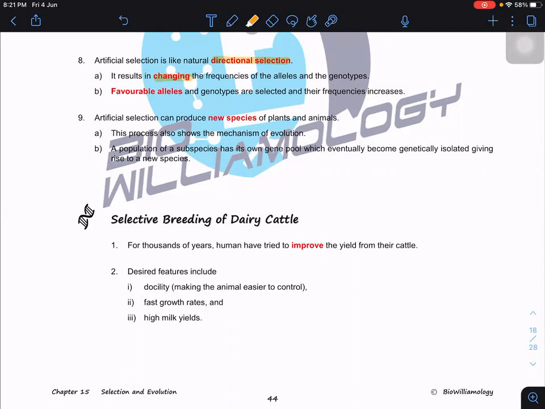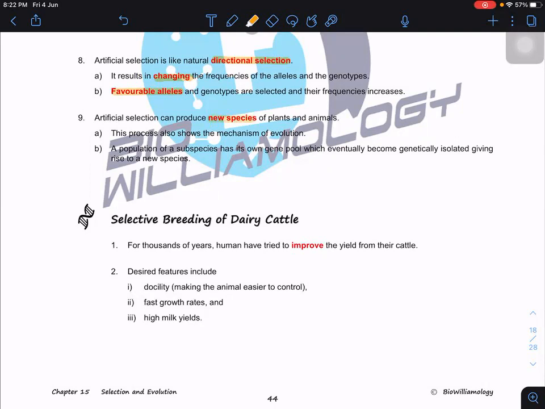The allele that causes the cattle to produce high quality milk will continue in that population, but the allele that can't won't be passed on to the next generation. So only favorable alleles, showing particular genotypes and phenotypes, will continue in that population. It depends on what the farmer wants. Artificial selection can also produce new species of plants and animals.